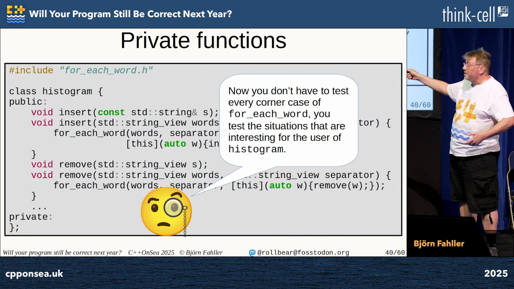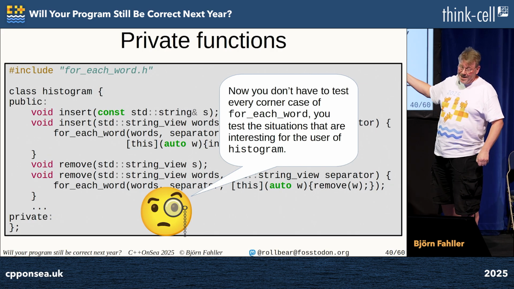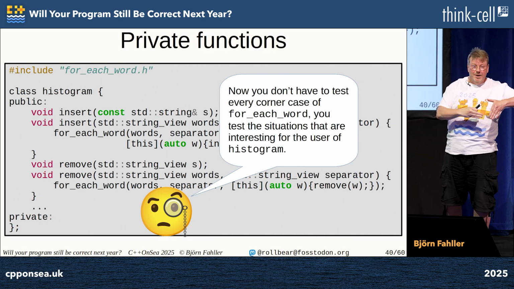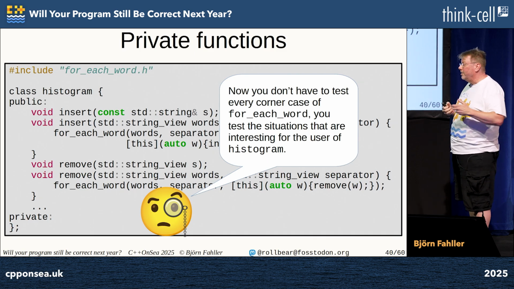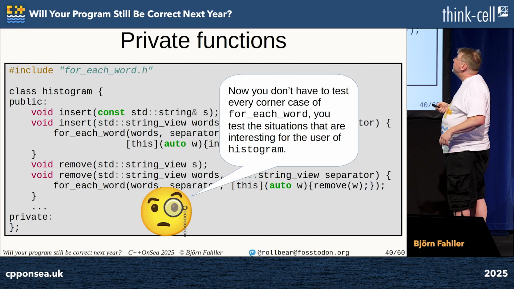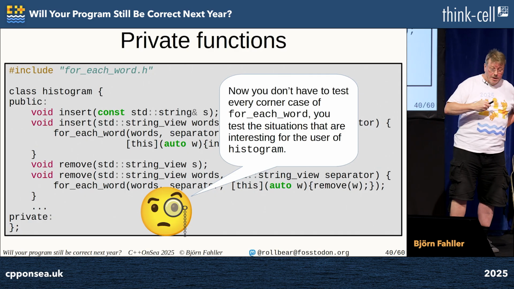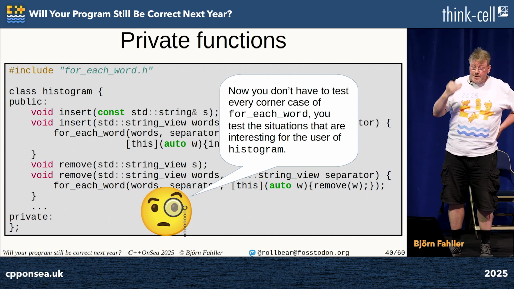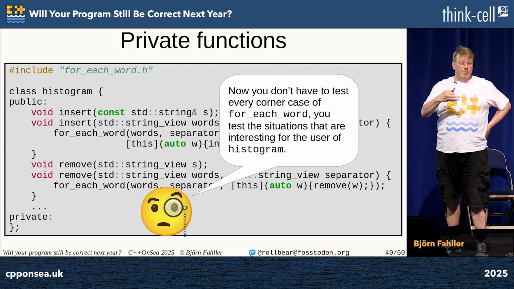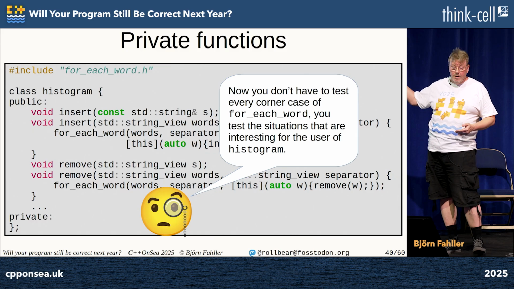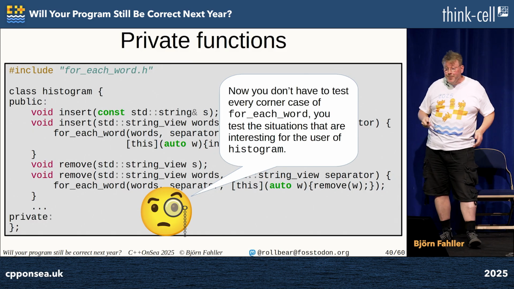But I don't have to test every corner case of that function here. I test that I react properly to what it responds to my request. So also in this case, I write the tests that are interesting from the purpose of the functionality of the histogram. I don't have to trigger every corner case of for each word, because that is covered elsewhere.